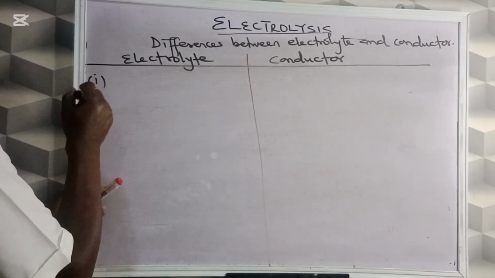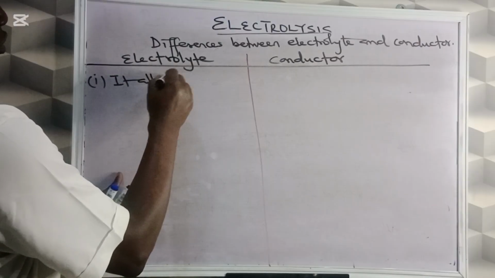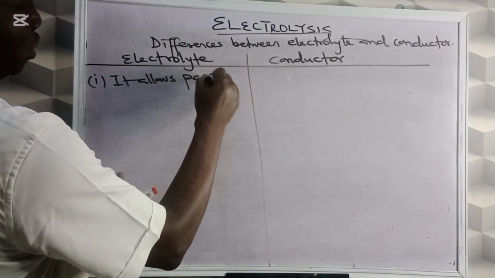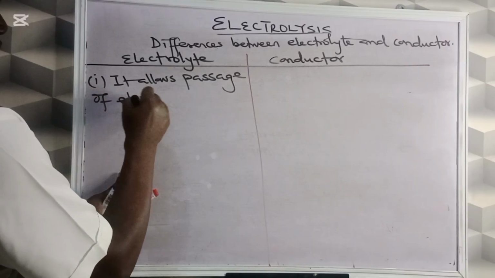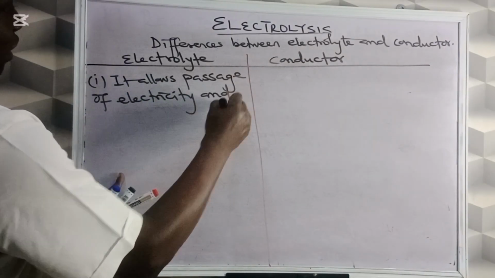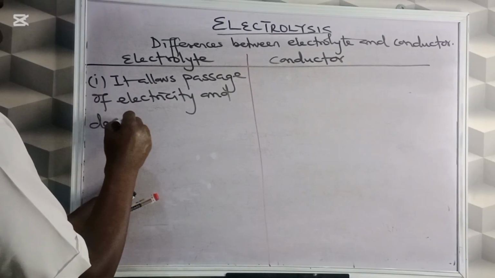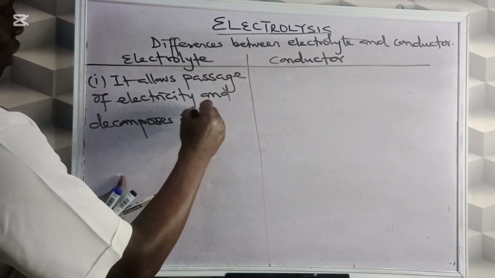One: an electrolyte allows passage of electricity and decomposes in it.